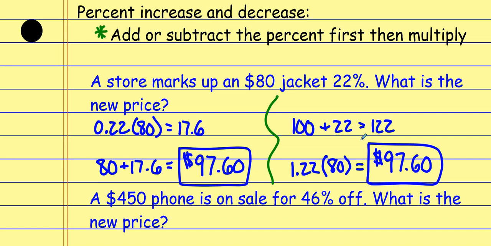And hopefully you can see the advantage of this is it's a lot easier to do on a calculator in one step. Think about being at the store. If you were at the store and you were trying to figure out a percent, a discount of some kind, would it make a lot of sense to find this value and have to write it down and then add it to this?